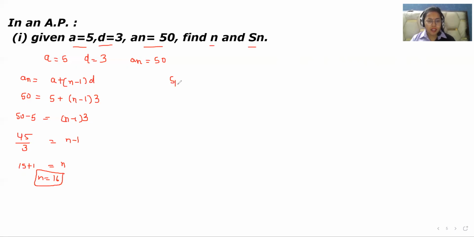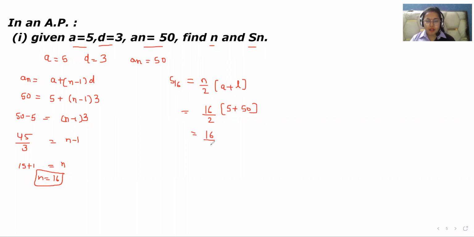So S16 is n by 2 times (a plus l). N is 16 by 2. Our first term is 5 and our last term is 50.